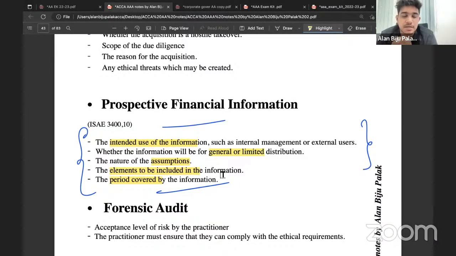Please practice the questions relating to the matters to be considered before accepting and before agreeing the terms of engagement. I have specified 3 questions: Voters, Dragon, HOC. Voters and Dragon are in the latest revision kit. HOC is in the 2021 revision kit; that question is not available in the latest kit, so you can practice with the old revision kit.